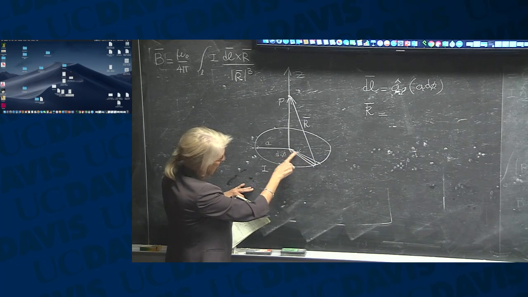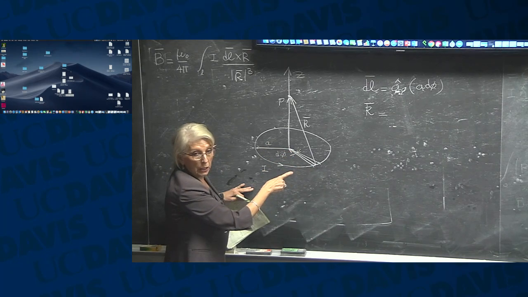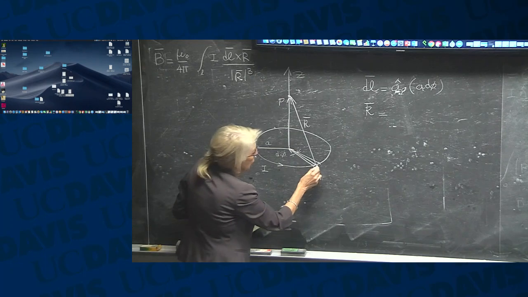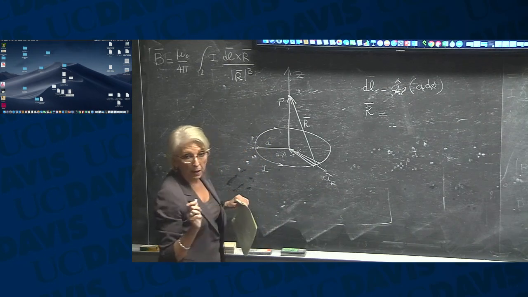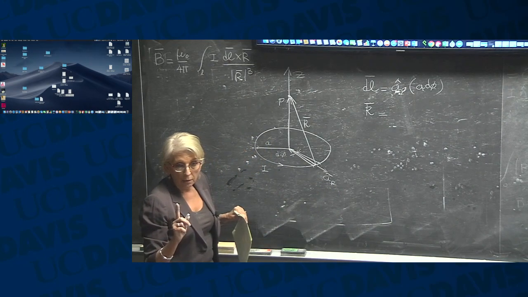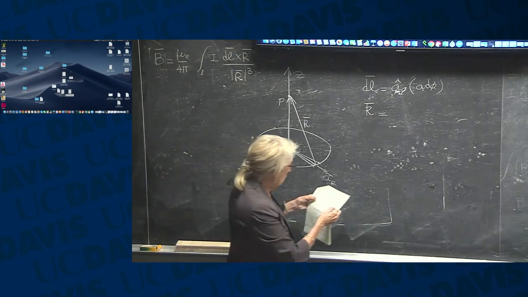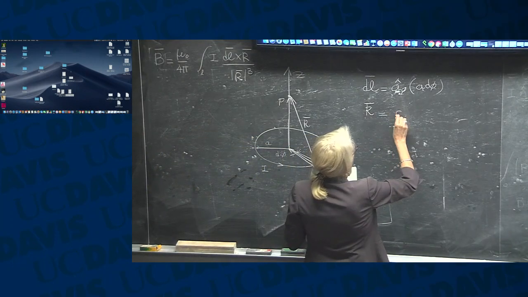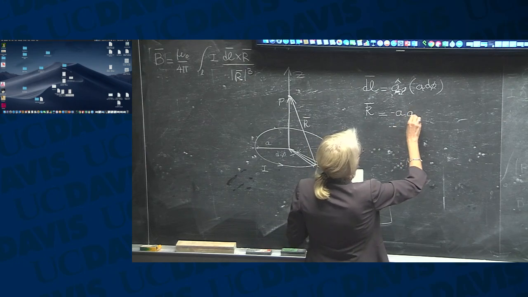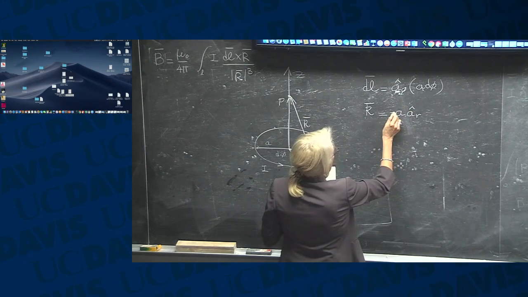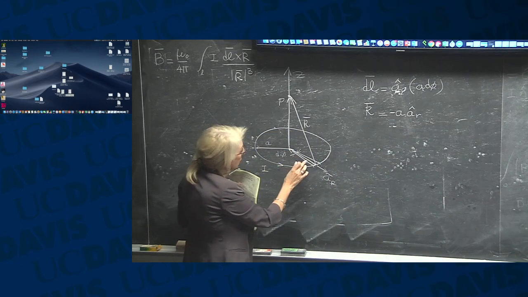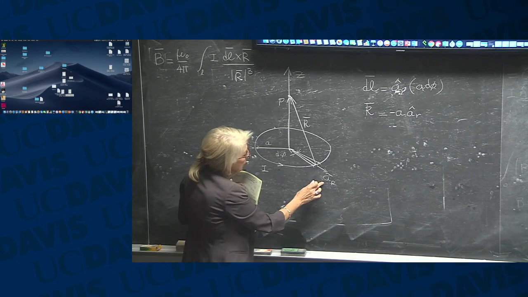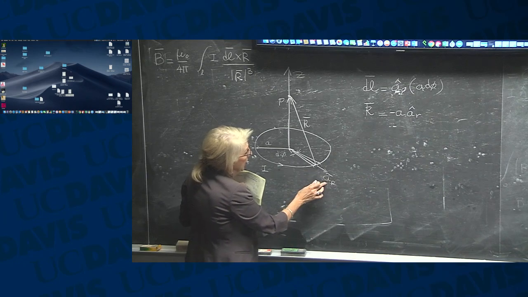This component is a, but is opposite to the direction of the unit vector along the radial direction. So R is going to be minus a a sub r, to take into account the negative direction of this component of R in relation to the unit vector along the radial direction.